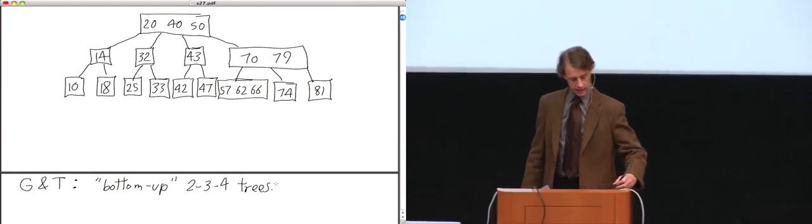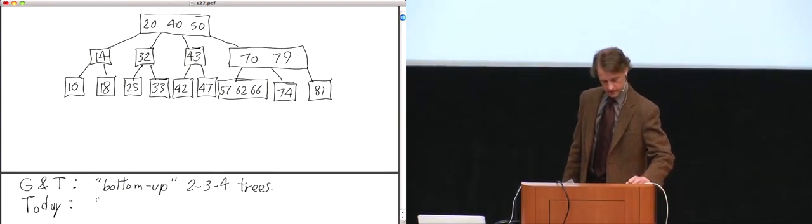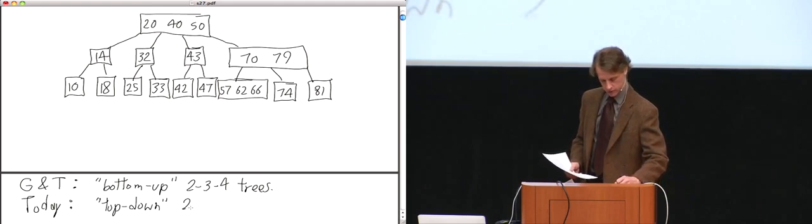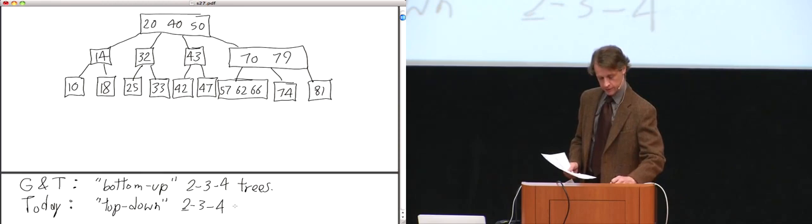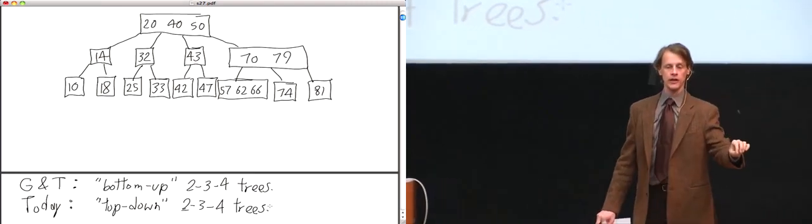What I'm going to teach you today is something called top-down 2, 3, 4 trees. The difference between the two: in both kinds of trees, you start at the root and walk down looking for something.